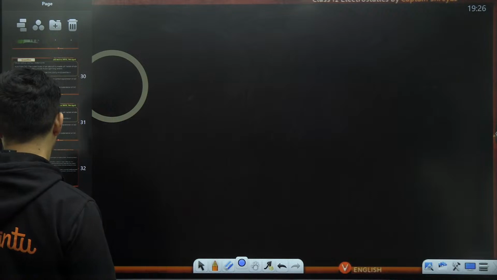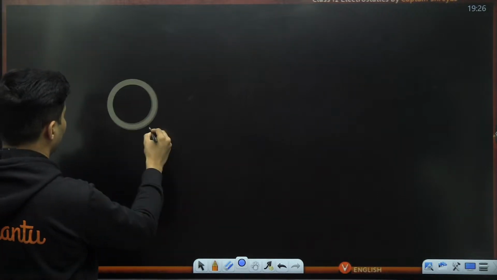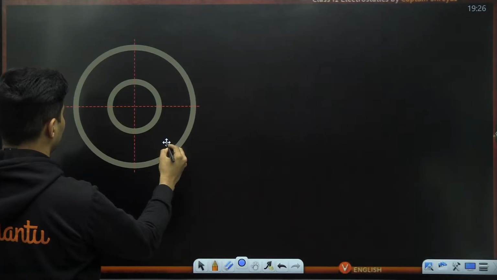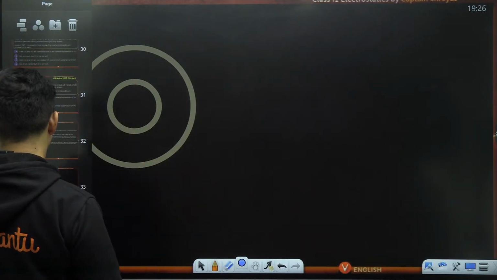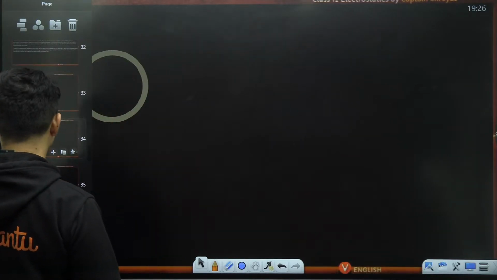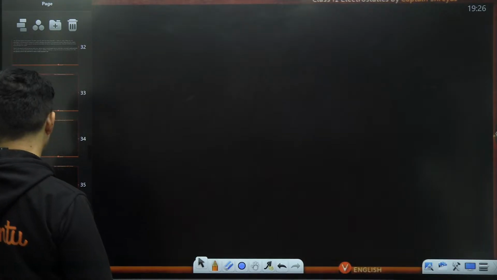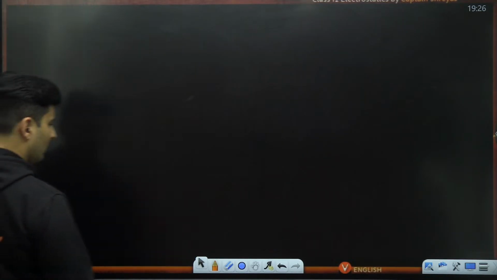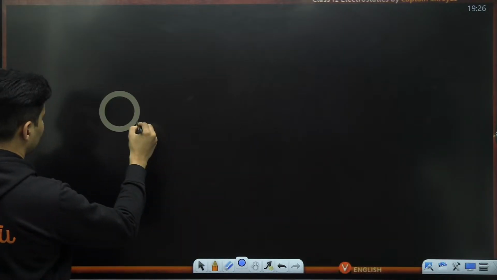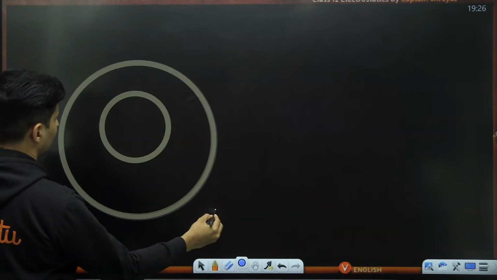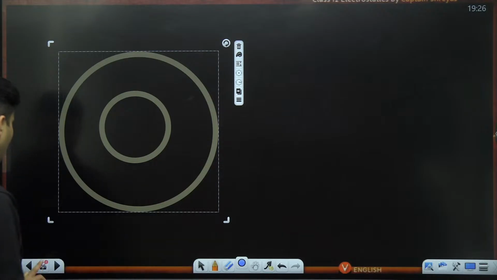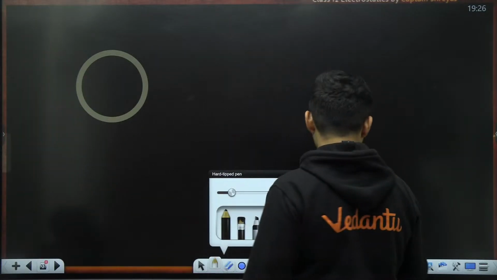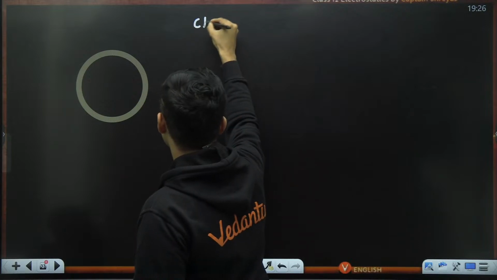Then we take another example where you have a conductor like this. And maybe one more example over here, like this. Now imagine I tell you that there is a charge on the shell.